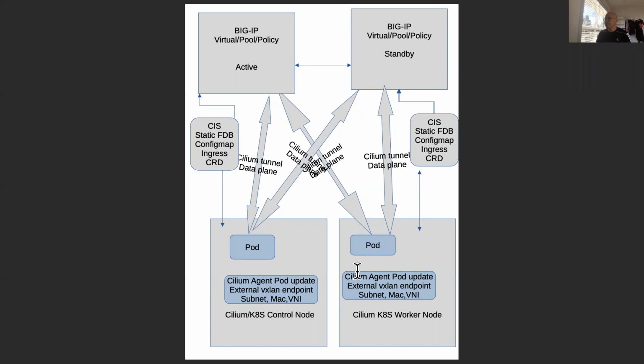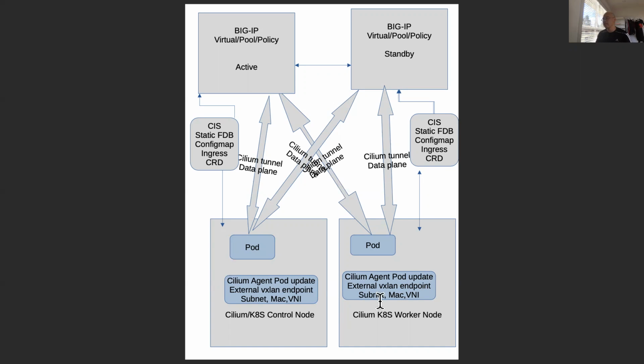The improvement here is that when the node starts, or even when the Cilium agent pod gets redeployed or restarted, we hope the Cilium agent pod will automatically update the BIG-IP VXLAN tunnel subnet, the VTEP map, and the VNI information.